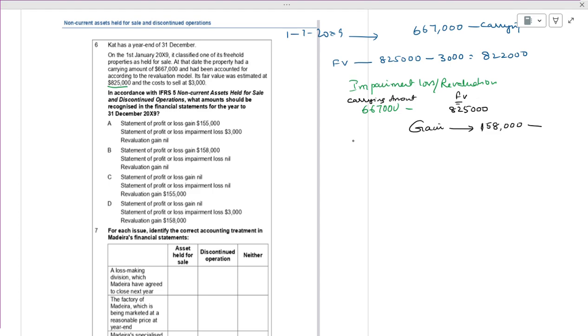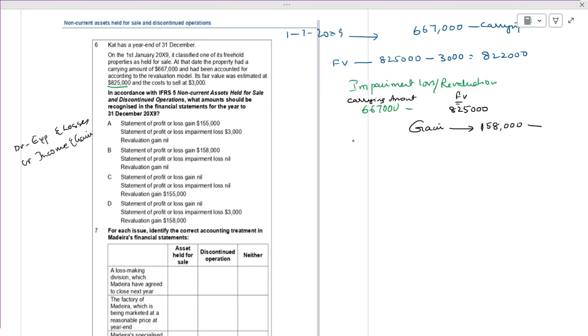Income and gains, where do we show them, debit or credit? Debit all expenses and losses. Credit all incomes and gains. Understand the point? Always credit all incomes and gains.